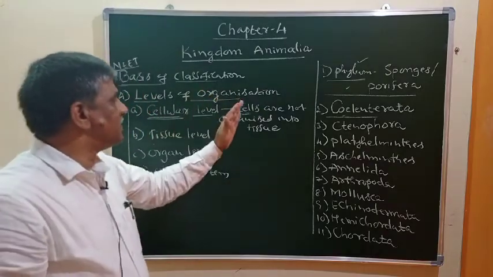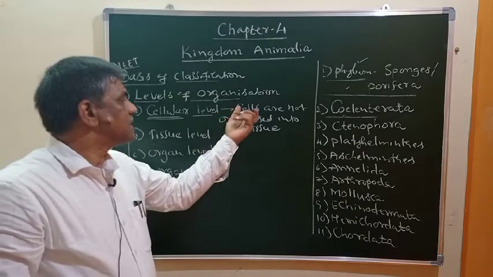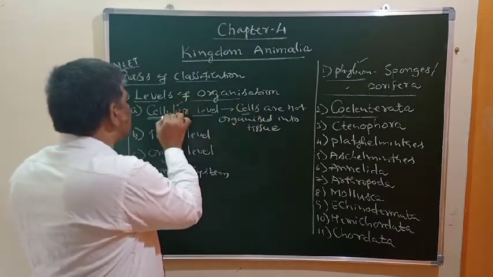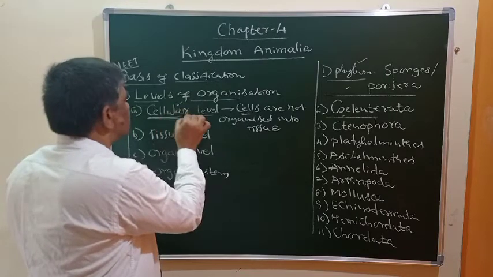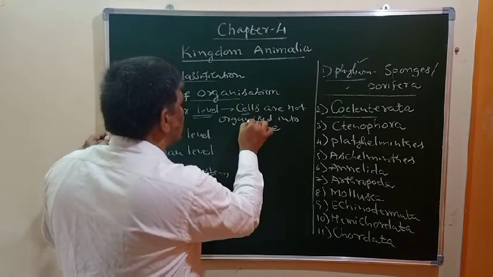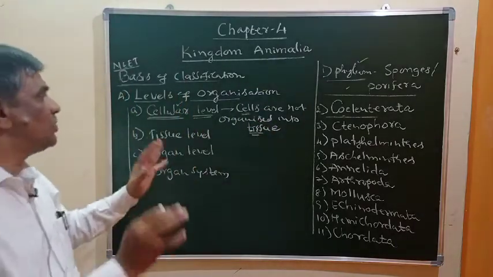but there is no coordination among the cells, so the cells are not organized into tissues. It means the animals which have the cellular level of organization do not have tissues. Only cells are present, only loose cells.